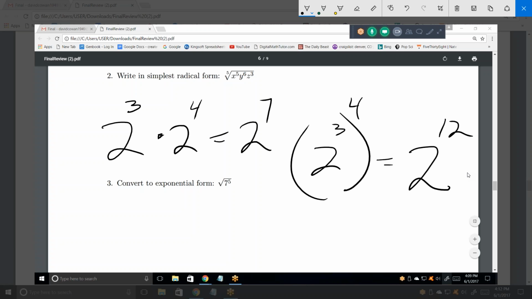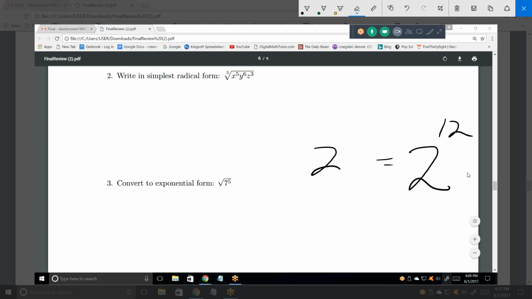You have to know what to do with the exponents in this section here. So we're going to take these one variable at a time. One way to look at this is, first of all, this part here is x, outside the radical sign.